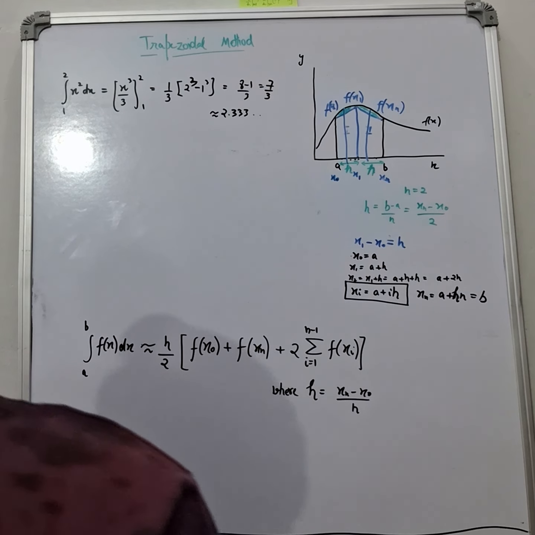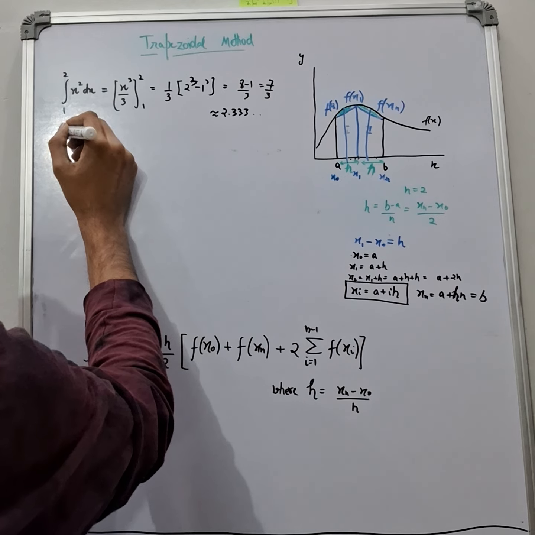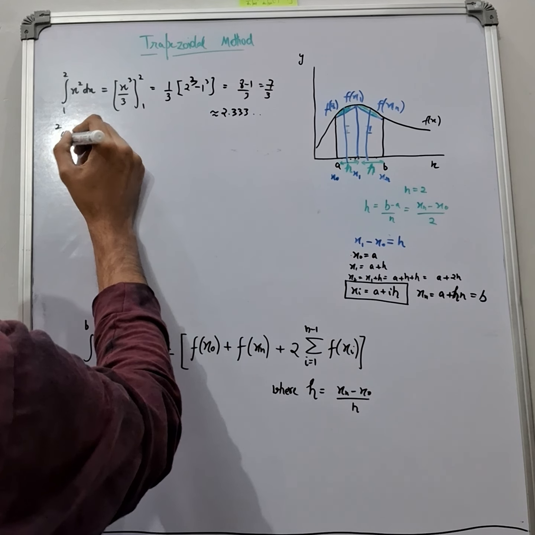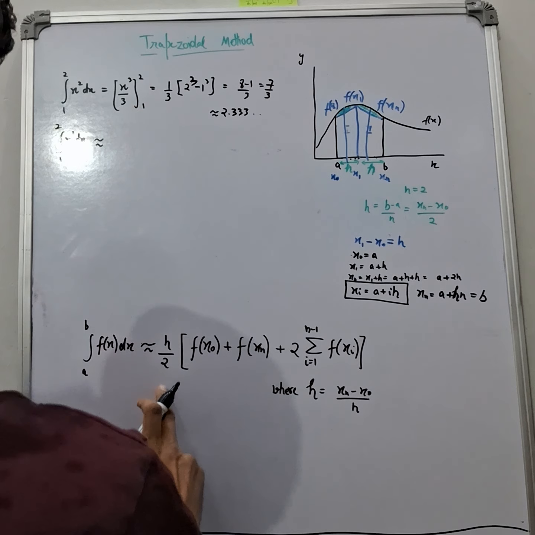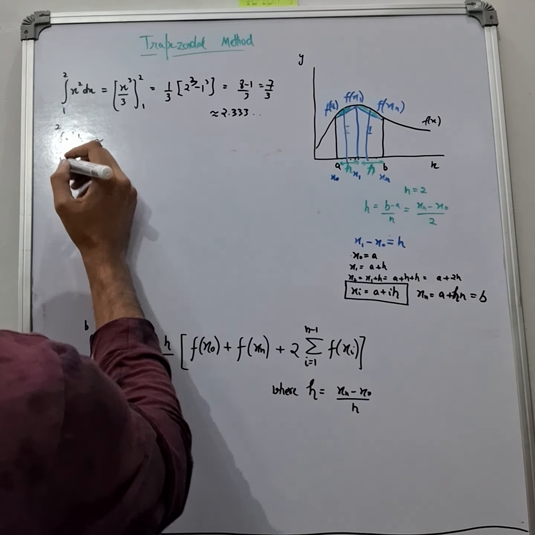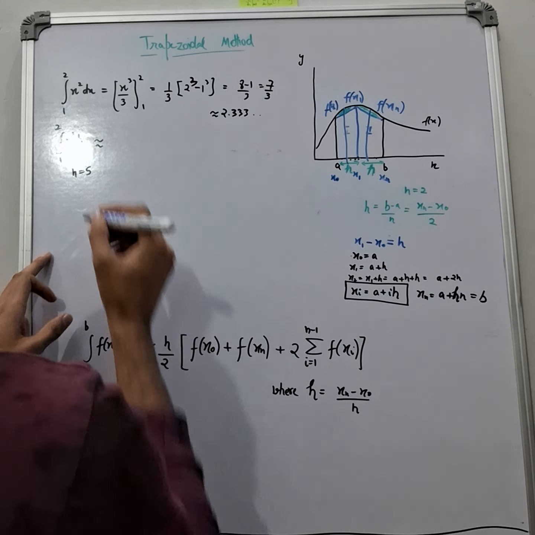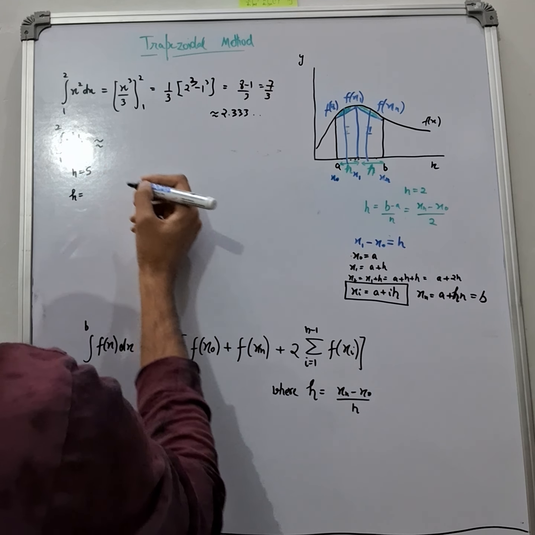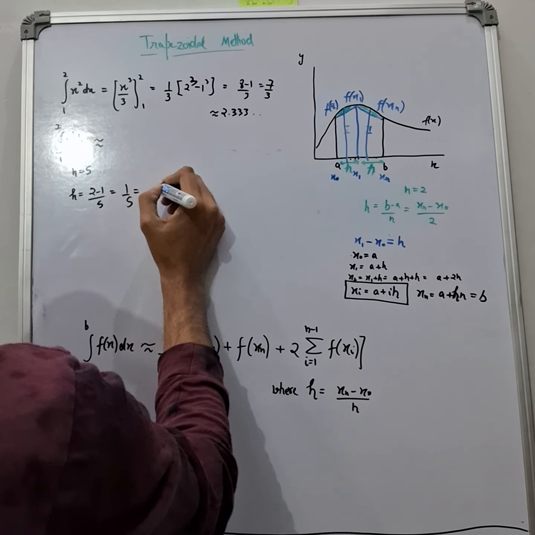Now applying the trapezoidal rule, what we should get from 1 to 2 of x squared dx will be approximately, let's take n equal to 5 firstly. So our h value becomes (2 minus 1) over 5, which is 1 by 5 or 0.2.